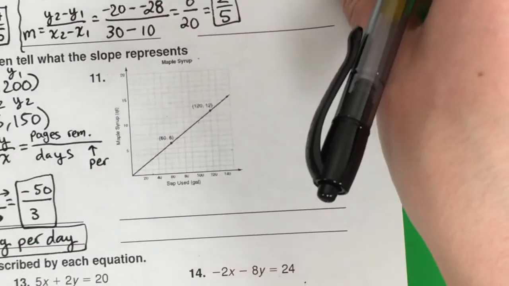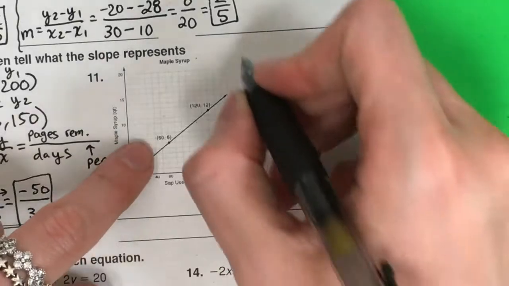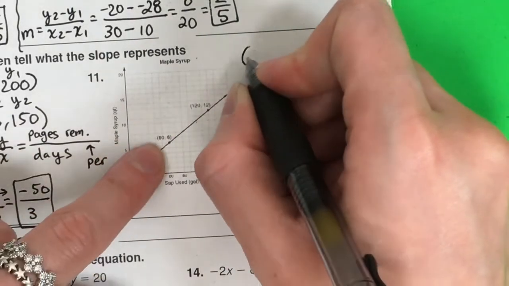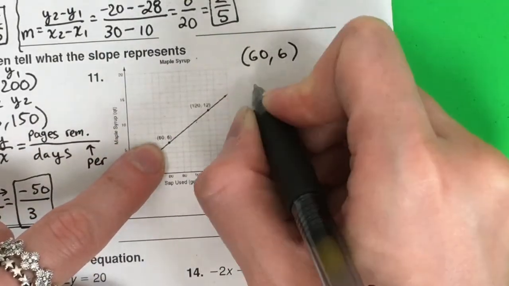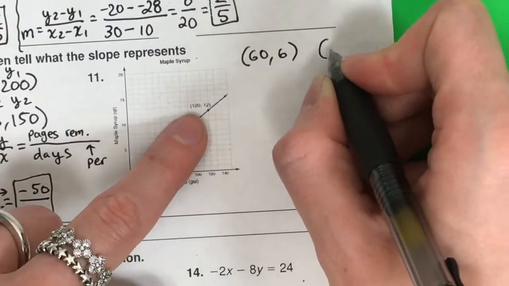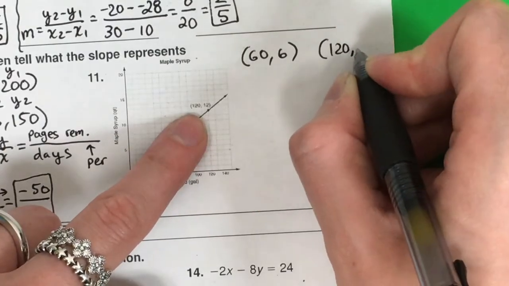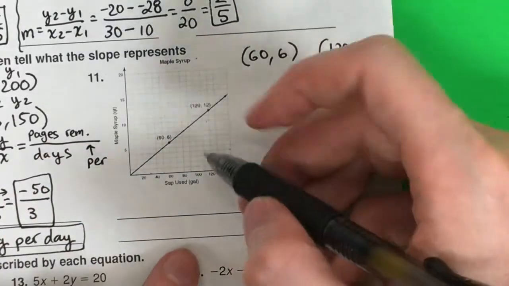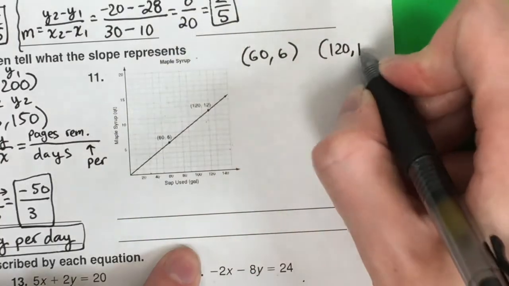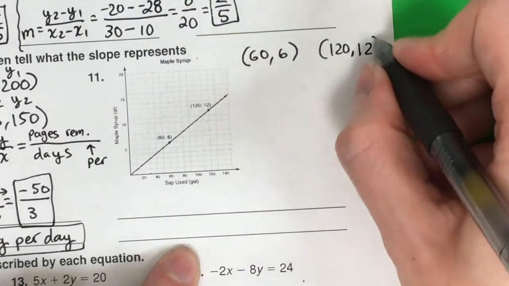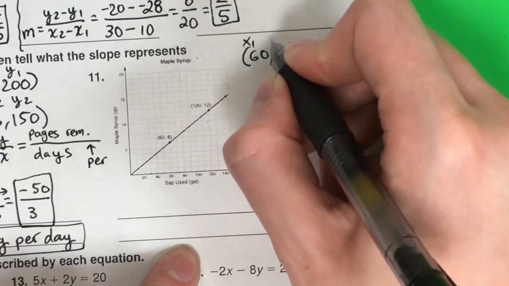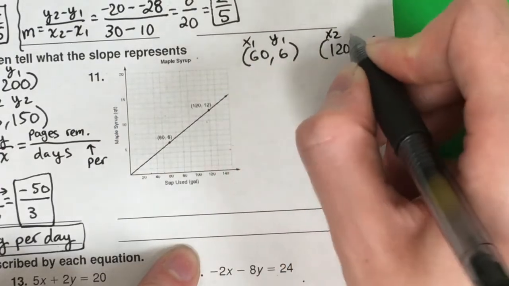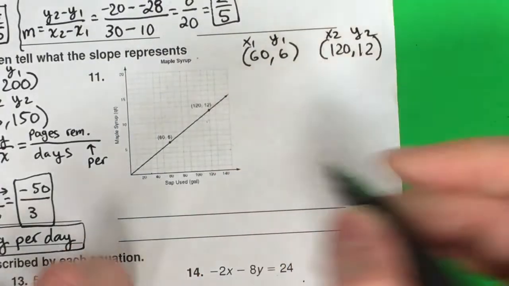Now number 11, let's try that one. I know it's kind of confusing. Okay, so let's start with the slope. I have 60, 6, and I have 120, let's see, 12. So x1, y1, x2, y2.